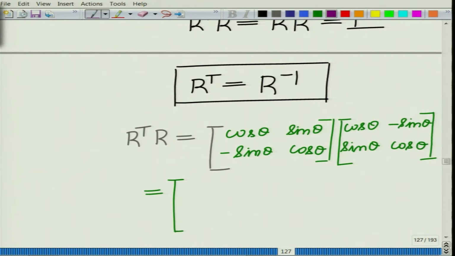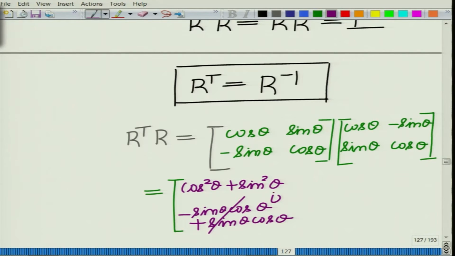This element is minus sin theta cos theta plus sin theta cos theta, which is 0.